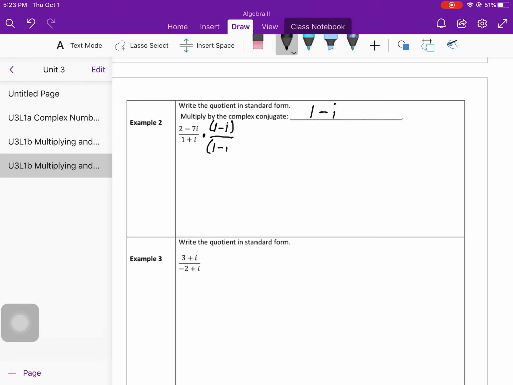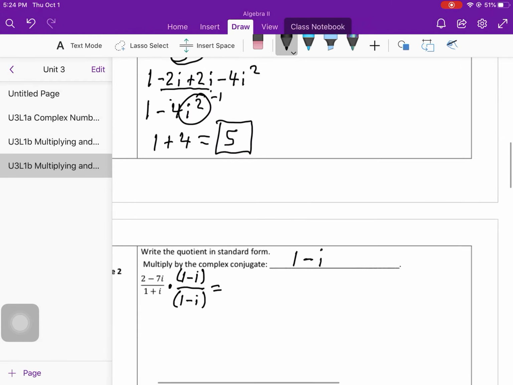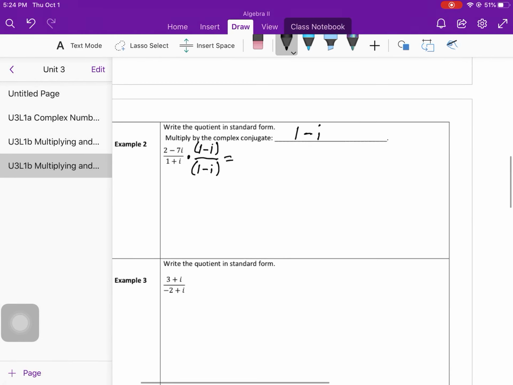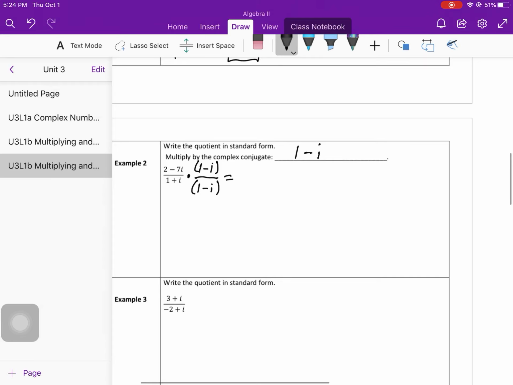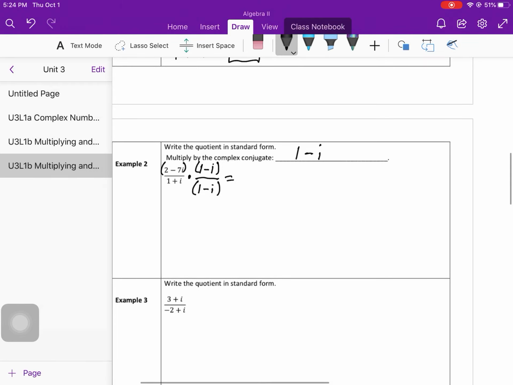And remember, if you multiply by a fraction that's the same on the top and the bottom, we're technically only multiplying by a form of 1, because anything divided by itself is 1. And now we're just going to apply what we were doing up top. So the top part, when you distribute to everything, follow the same procedure.